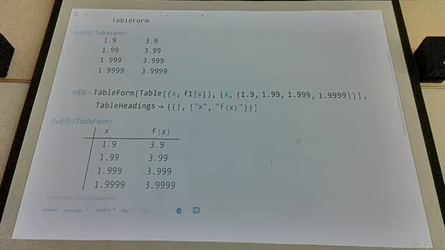What does it appear to be approaching? 4. Keep in mind, you cannot say that the limit is 4. We'd have to get infinitely close in order to definitely guarantee that. So this is just an approximation. It appears to be 4. In fact, it actually is 4. But we'll learn that later. We'll see how to do that later.